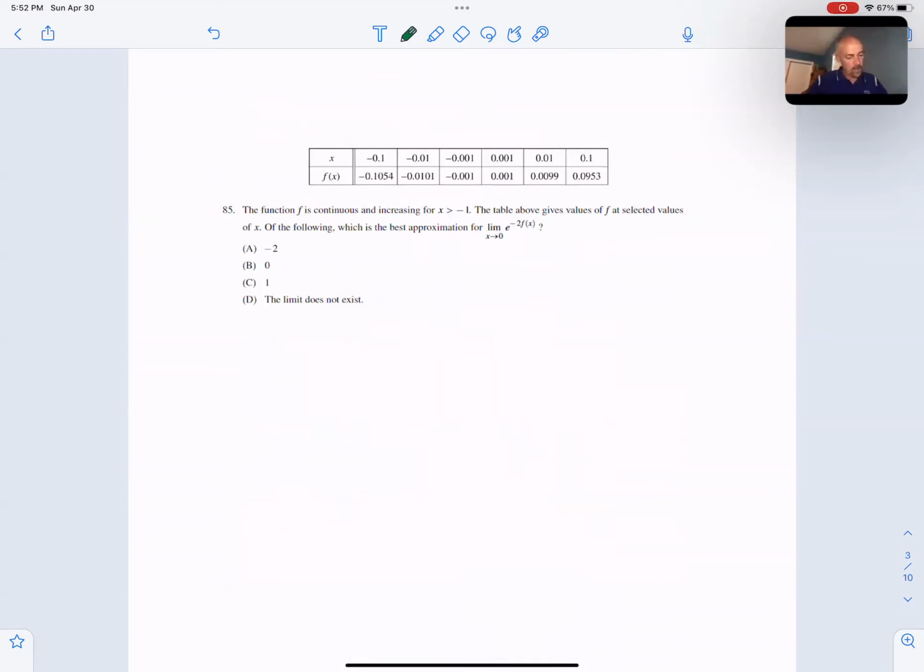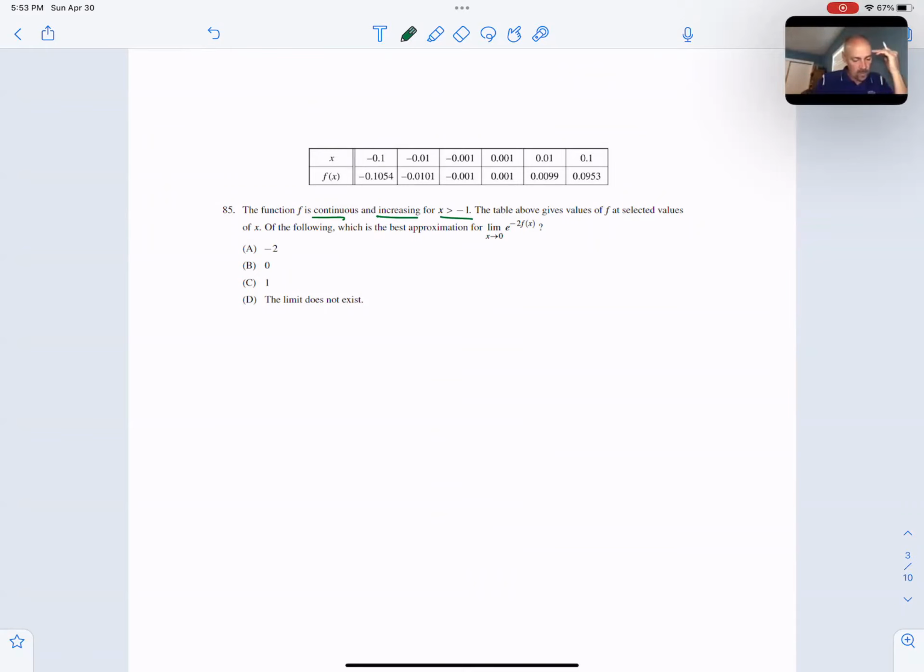Okay, the next one looks like we've got a table. It says the function f is continuous and increasing for x greater than -1. Table above gives values of f at selected values of x. Which is the best approximation for the limit as x approaches 0 from both sides, two-sided limit of e to the -2 f of x.